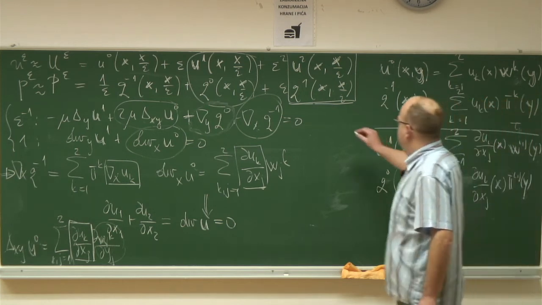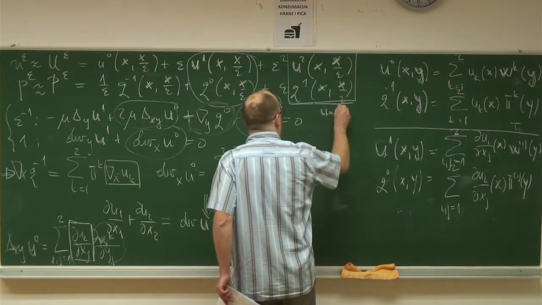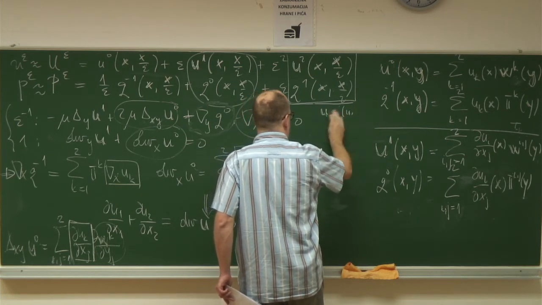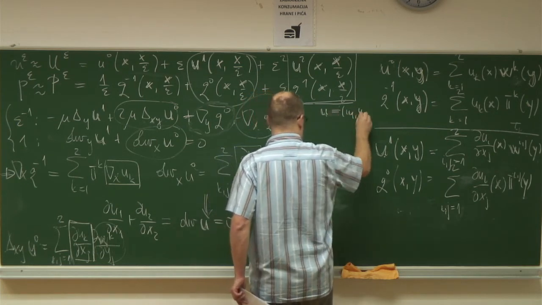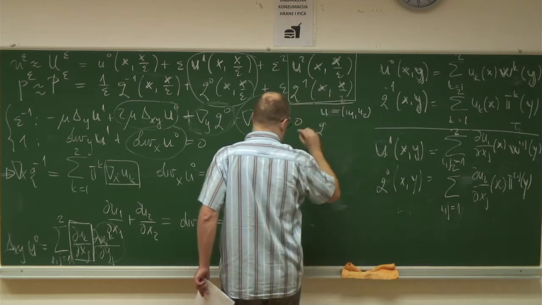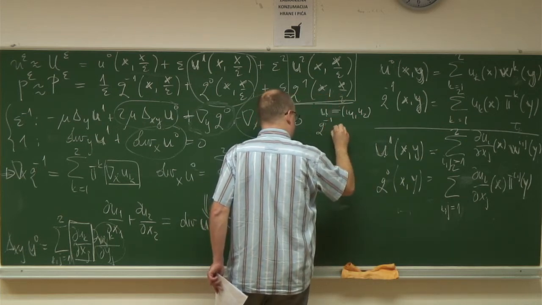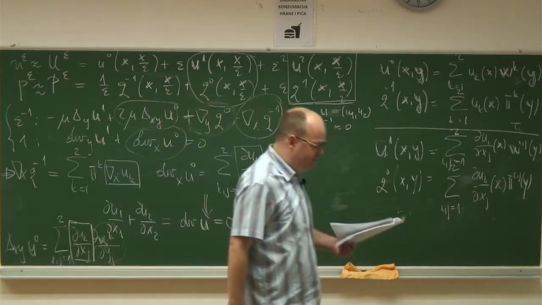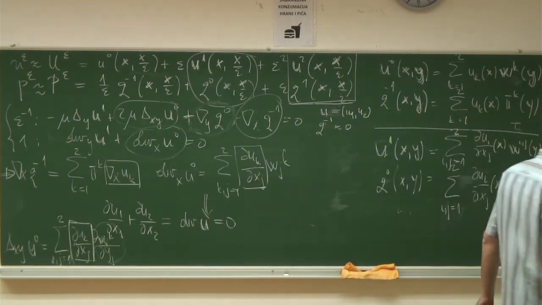Our effective velocity was U, U1, U2, okay? But our effective pressure outside the boundary layer was equal to 0, and we have to have pressure in the effective system.